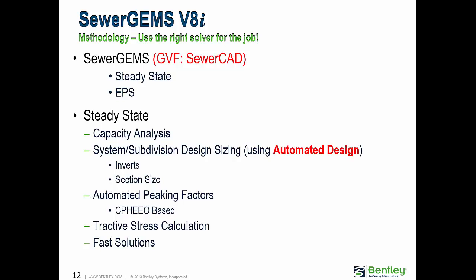You can also use peaking factor based on CPHEEO, and you can stress your network and subject the network design to constraints of velocity, cover, etc. In SewerCAD you can also do tractive stress calculation, which will help you understand and finalize the pipe sizes in order to avoid sedimentation. It converges the solutions very quickly, so you get very fast solutions using the SewerCAD engine.